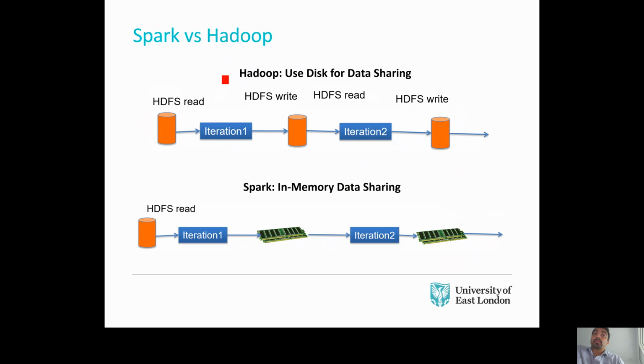Another approach to compare Spark and Hadoop is when you have data in HDFS. If you want to apply simple code, let's say even Sqoop or Hive or Pig, on your HDFS file, you have to first read your data from HDFS.